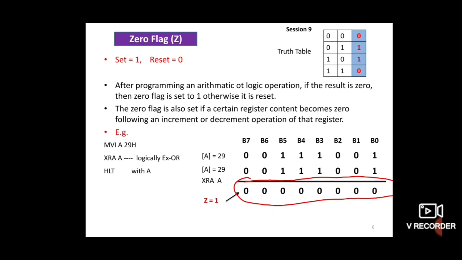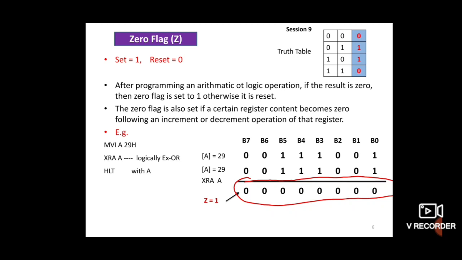Listen carefully. If all bits become 0 after the ALU operation, at that time the zero flag is set. Many times students get confused about this zero flag: the operation result becomes 0, then why is the zero flag set? Is it reset?